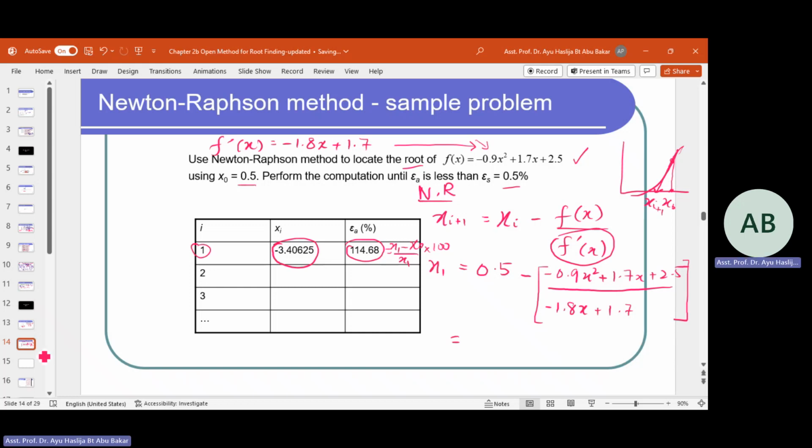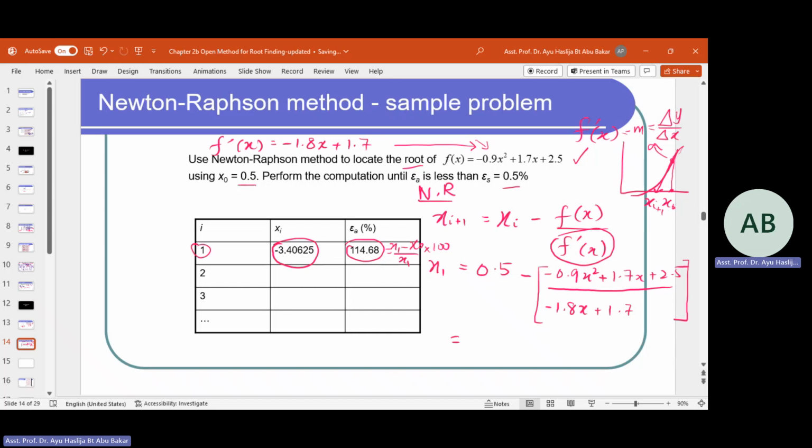Okay, so to get this slope is by calculating the m, delta y over delta x, which is equivalent to the differentiation of the function, dy over dx.